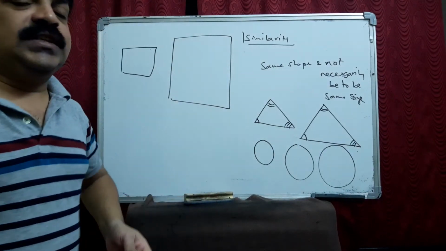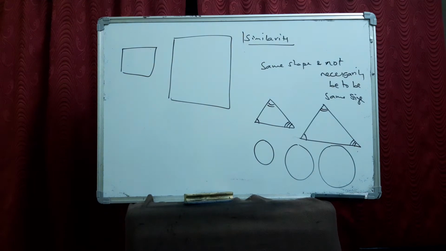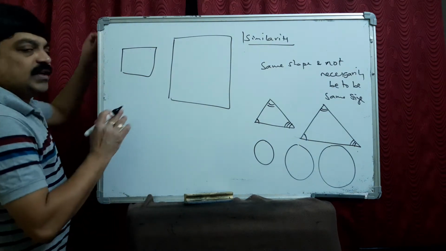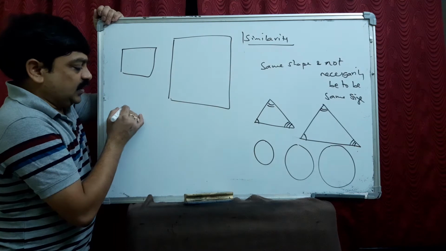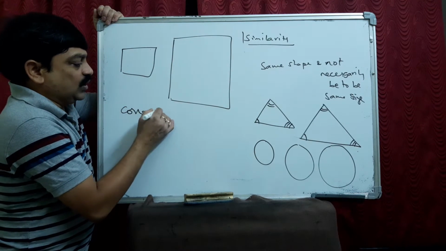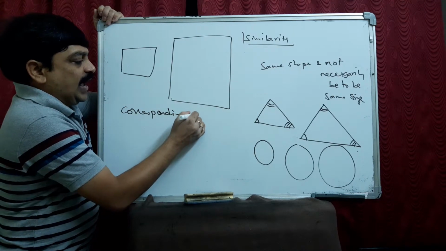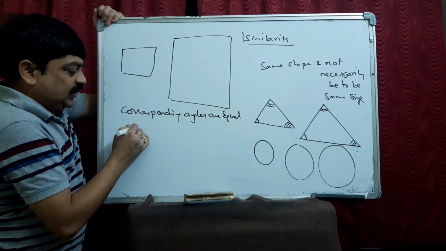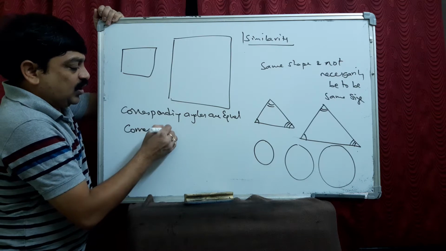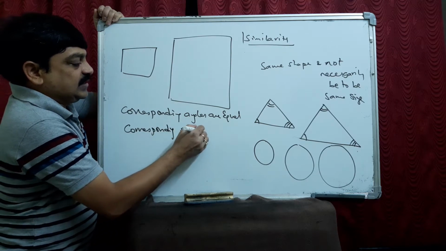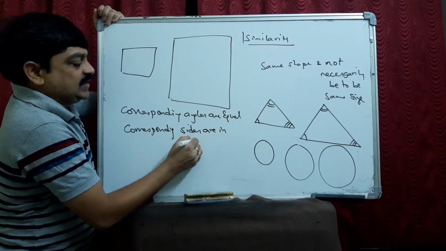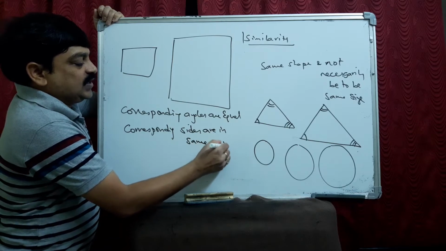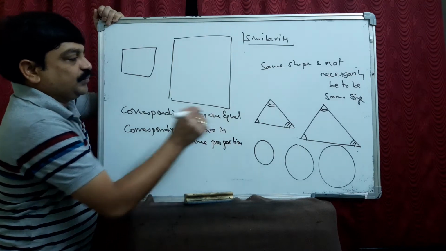Two polygons are said to be similar if the corresponding angles are equal and corresponding sides are in the same proportion. Same proportion means same ratio.